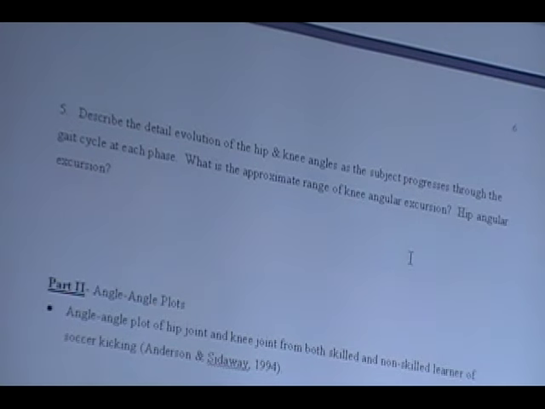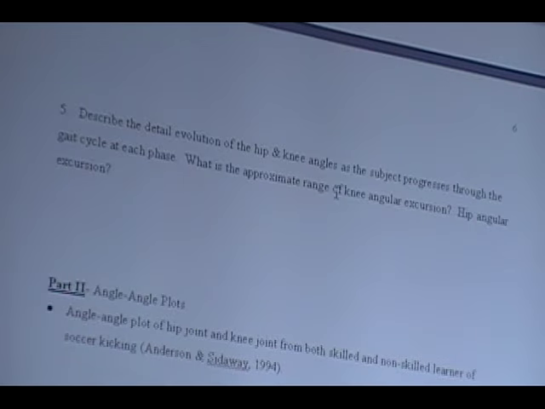For this part, you can get the information on how the hip and knee move during gait through the book, or you can look online. I need you to provide a description at heel contact, what's going on with hip, what's going on with knee, and at mid stance, at toe off, and at swing phase. And then provide the approximate range of motion for knee and hip.